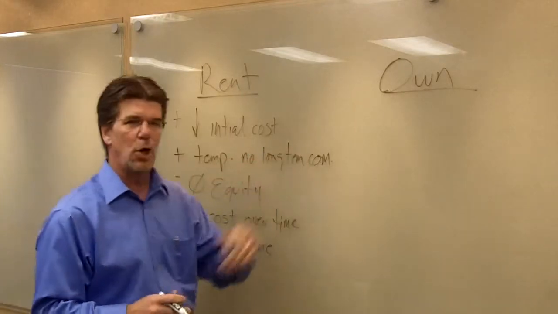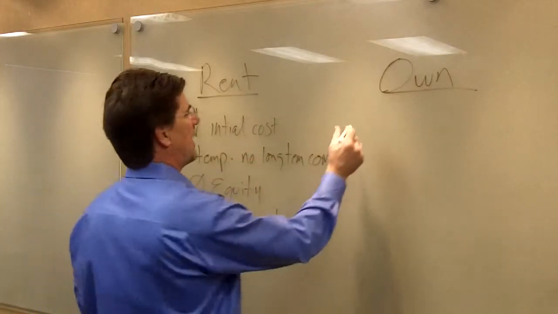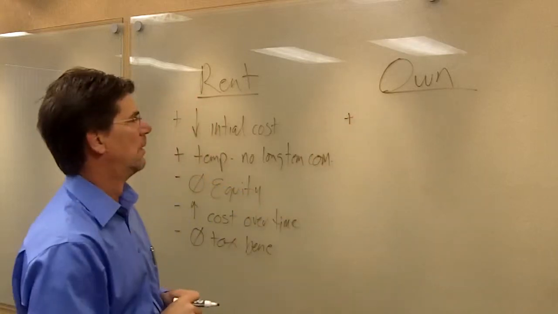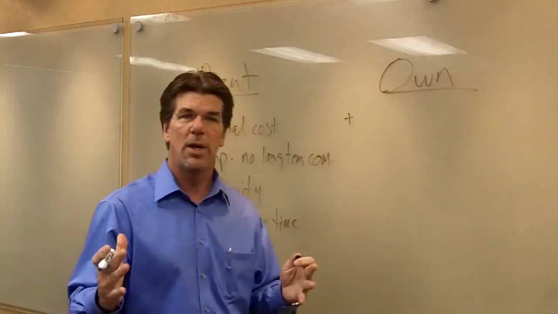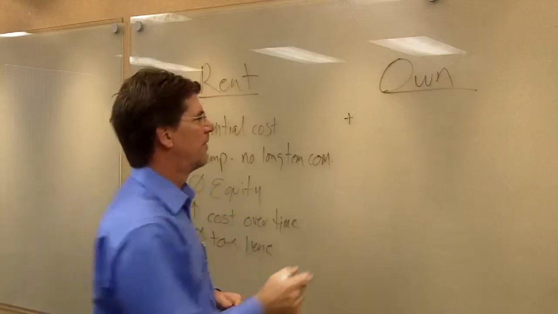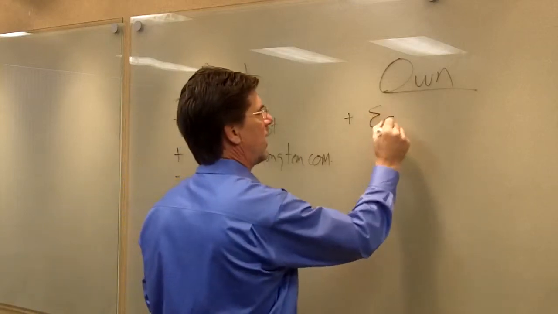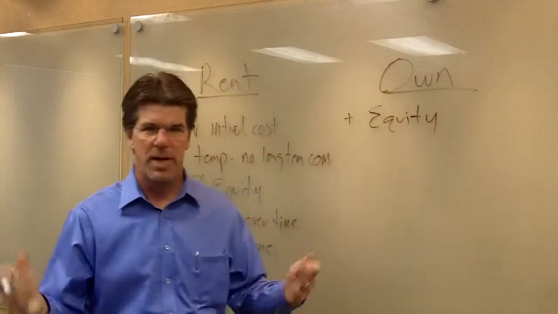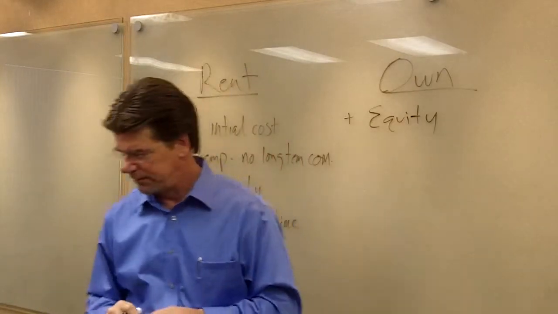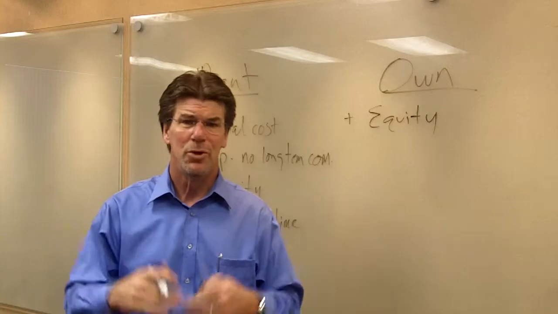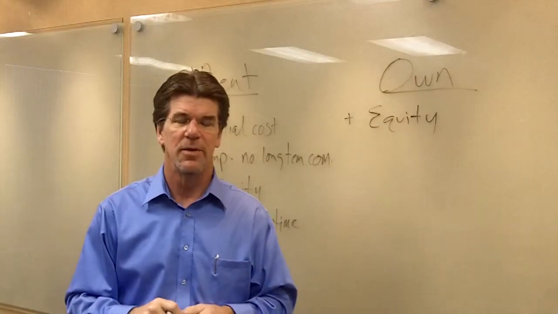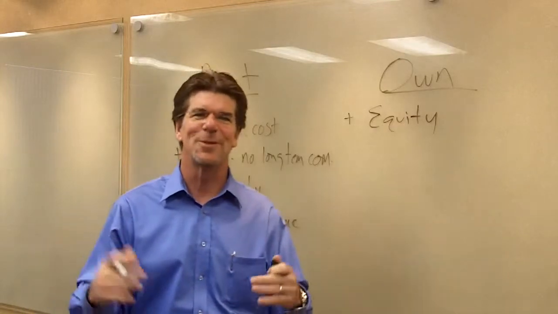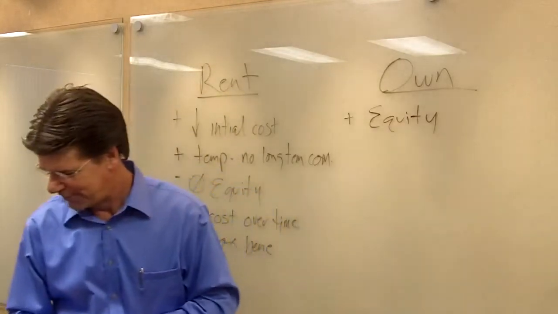Okay, so now we have the pluses and minuses. So let's move over to owning. And let's do the same analysis. What are the positives to owning a home? Well, the first positive is equity. As you're paying your monthly payment, you're building equity in the home, and hopefully you're also getting what we all used to get, and that's appreciation in the home.